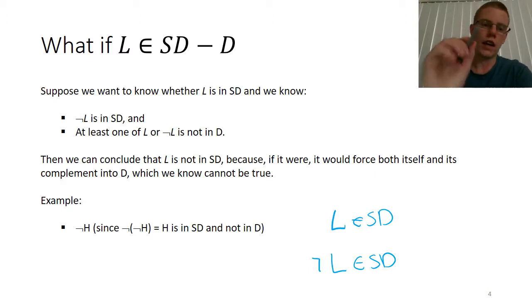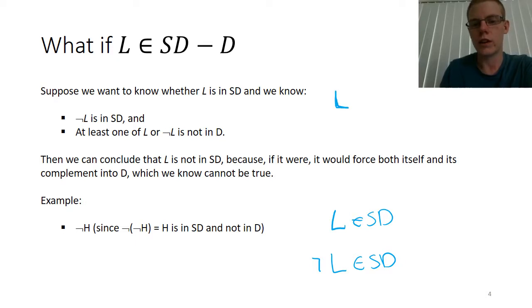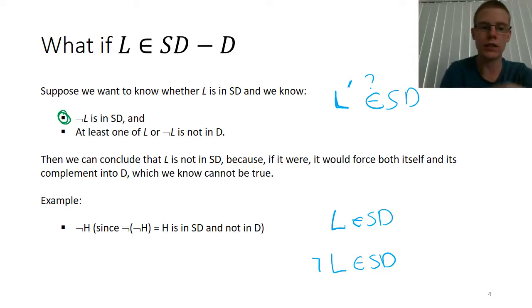Now, suppose we want to know whether a particular language is semi-decidable. So we're worrying about a particular language, L', and we want to know if it is semi-decidable. Let's say that two facts that we do know is that its complement is semi-decidable.